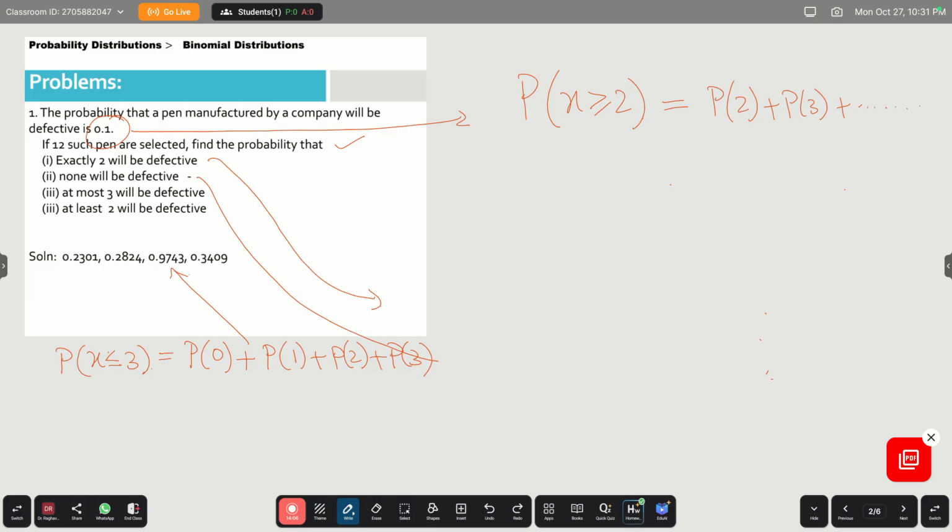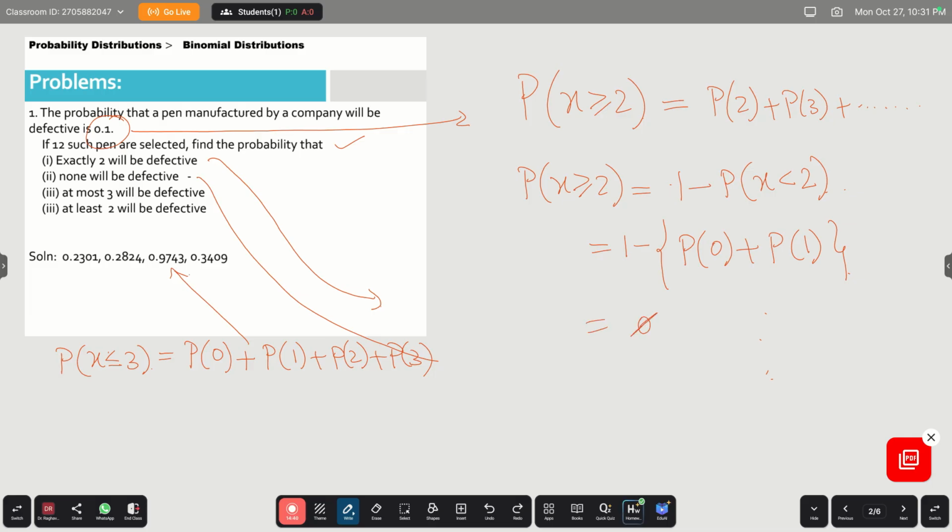So too much calculation. Instead of doing this many calculations, we can use one more concept of complement. Probability of x greater than or equal to 2 is 1 minus probability of its complement, x less than 2. Greater than or equal to 2, complement is x less than 2. Okay. So this will be 1 minus, what are all the values? X less than 2. It is 0 and 1. Only 2 values. Calculation will be very simple.